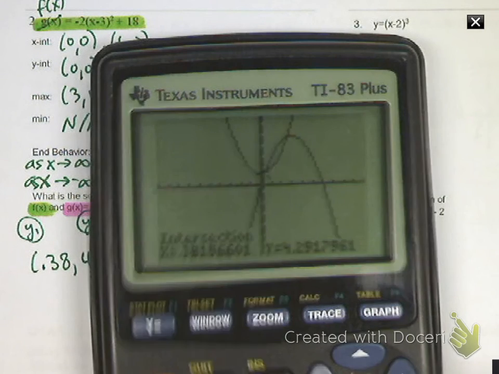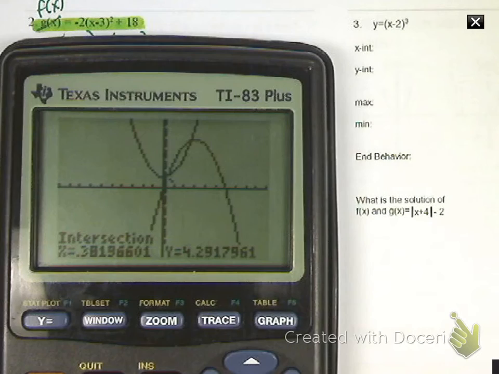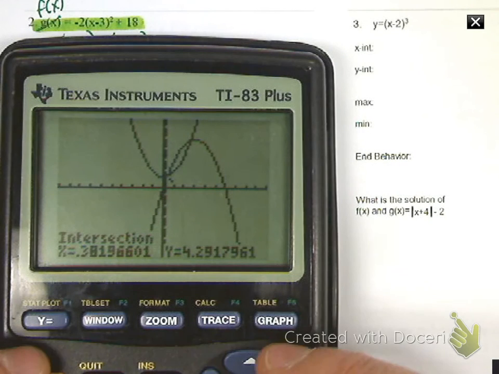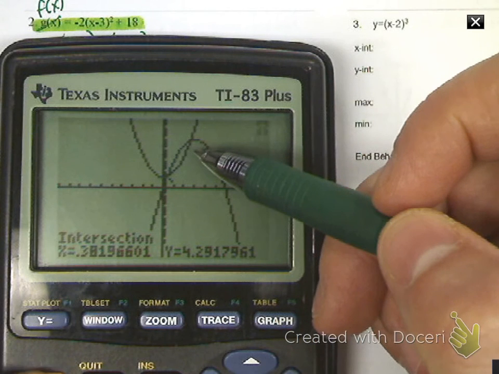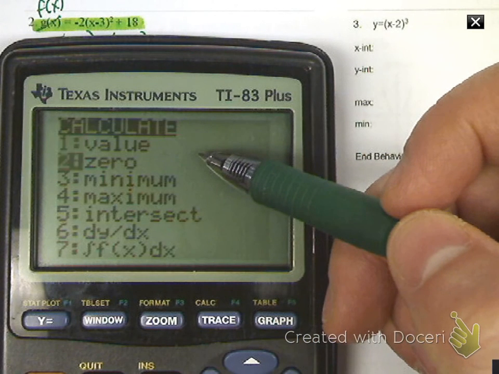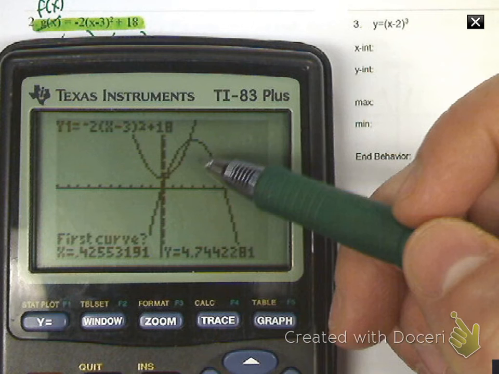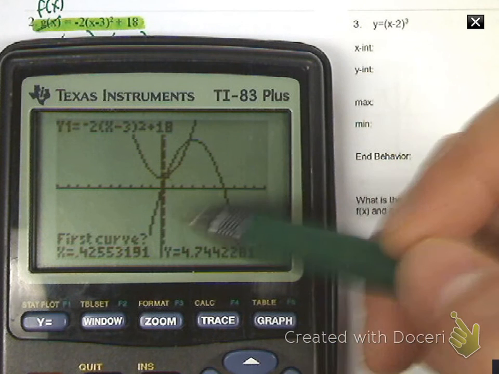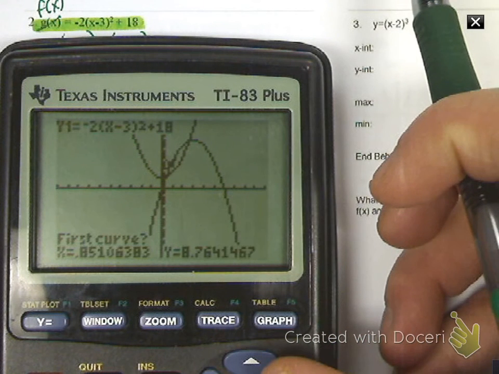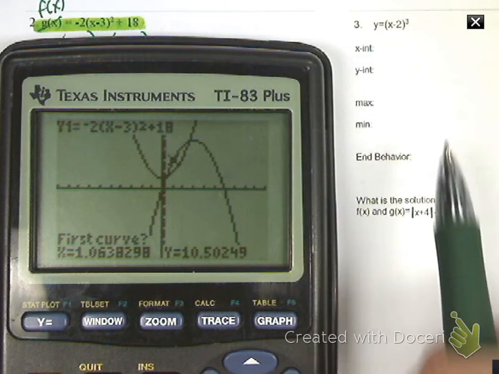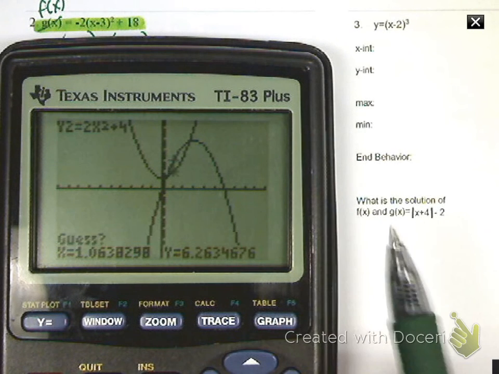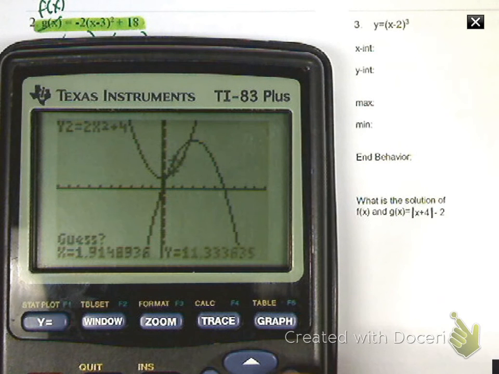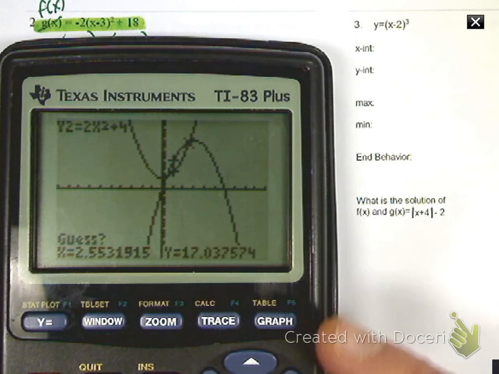Next, I am going to find the other intersection point, which is right here. So I press second calc, intersect. I select my first curve by pressing enter, my second curve by pressing enter, and then I move my cursor to the second intersection point, press enter.